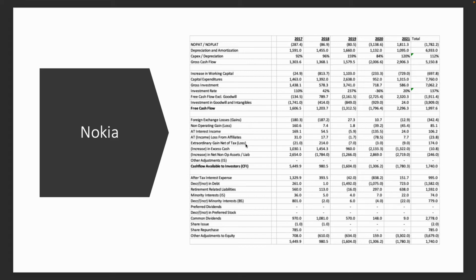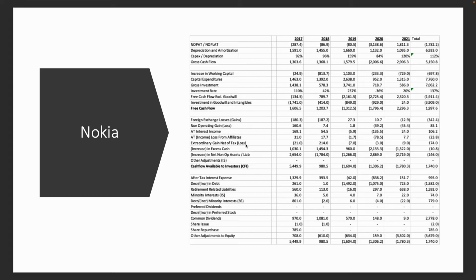And we can see that from an excess cash standpoint, it stayed relatively flat, negative $11 million. Because in the first few years, 17 and 18, they were drawing down their excess cash reserves, $1,030,000,000 and $1,454,000,000. In 2021, they were adding to their excess cash, about $2.1 billion and $1.3 billion respectively.